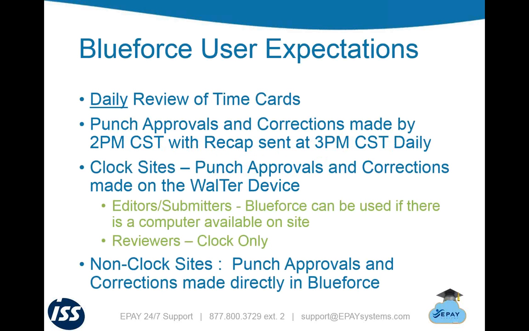The main reason behind that is because the daily review of time cards actually leads into the second bullet point here, which talks about punch approvals and corrections being made by 2 p.m. Central Time, because we send out a labor recap every day to every submitter in the company for all their jobs that they have access to seeing or submitting for, and that's sent out at 3 p.m. Central daily.